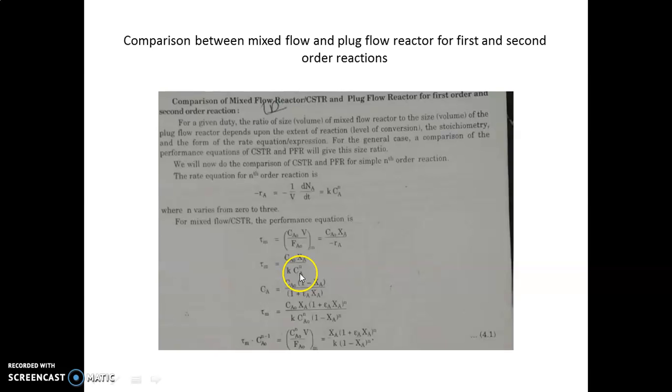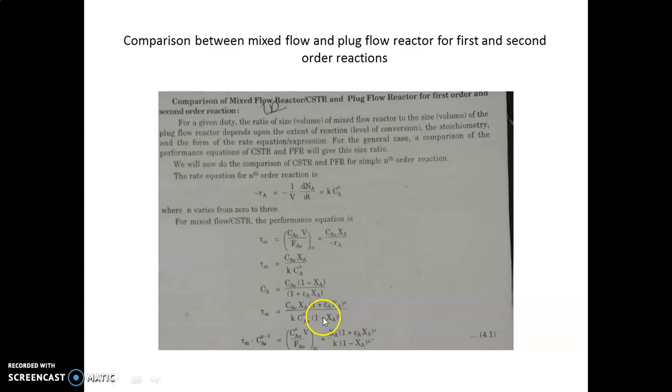Again we have to put the value of CA from this equation. So CA is equal to CA0 into 1 minus XA divided by 1 plus epsilon A XA. By putting the value of CA, we get this equation, and we have to rearrange it.